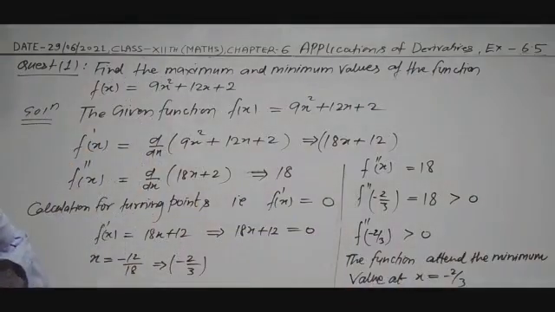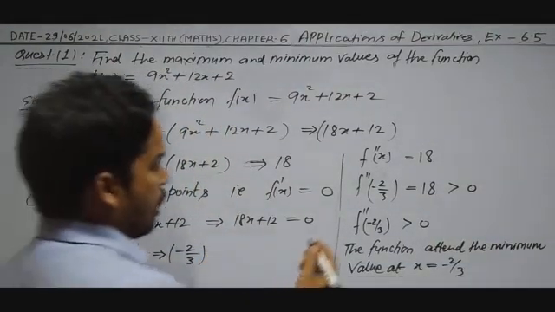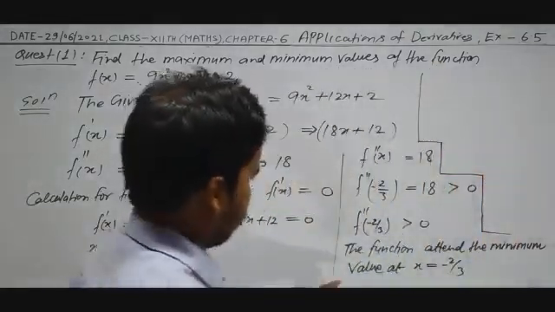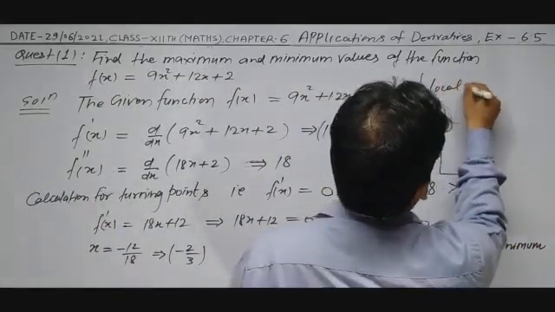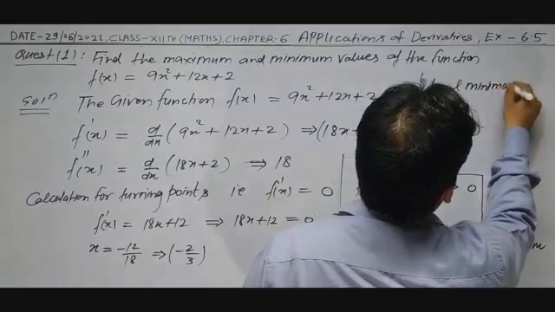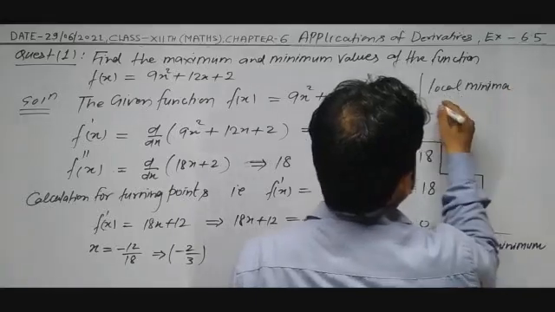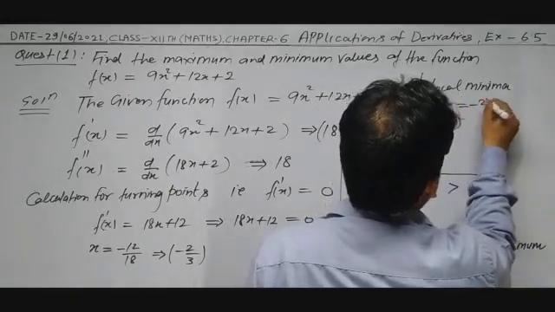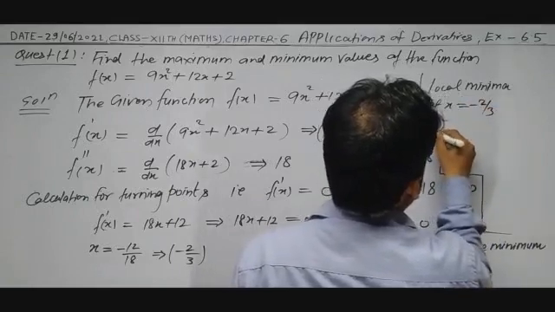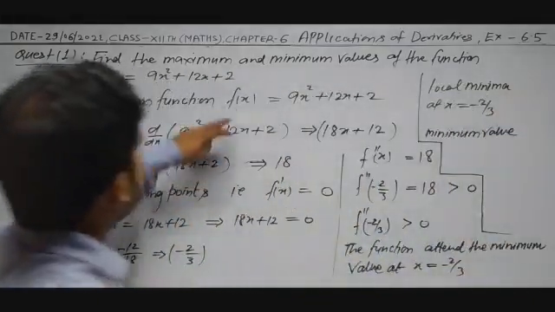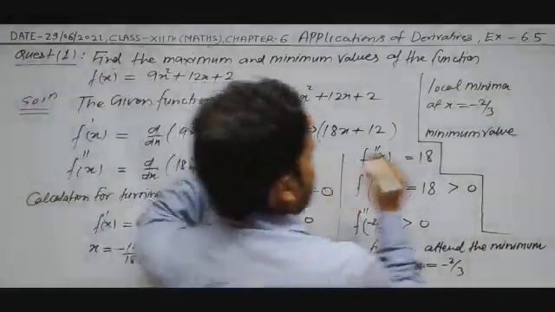So what will be the minimum value? This is the local minima. Local minima at x = -2/3, and for the minimum value you will put -2/3 in this function.